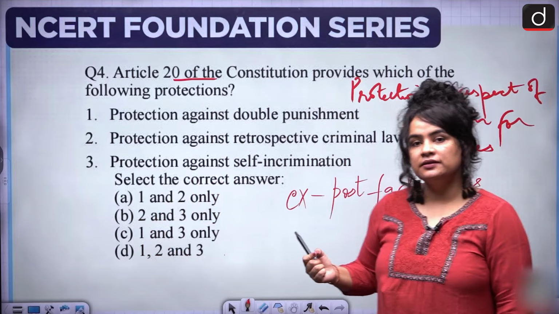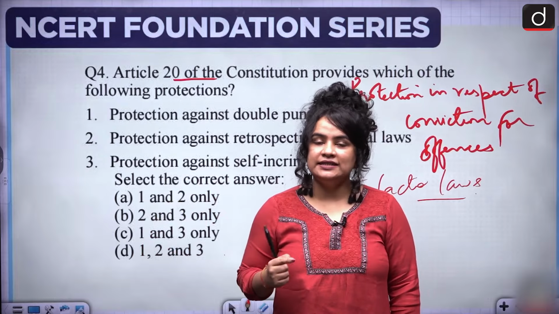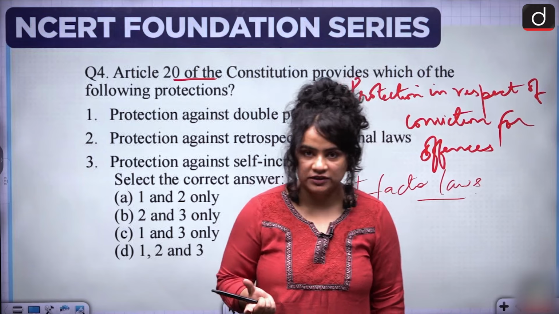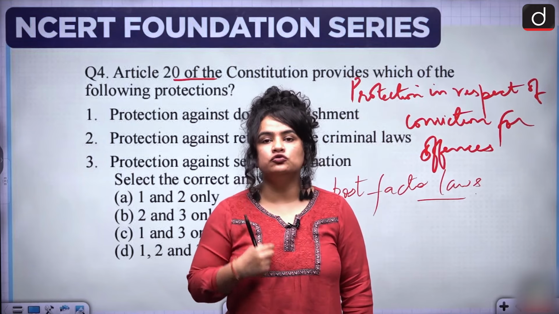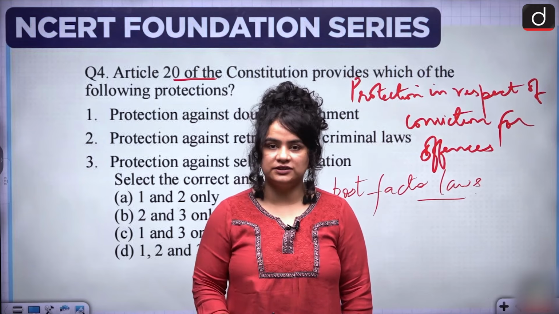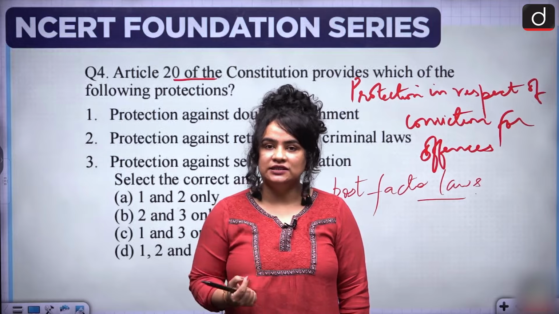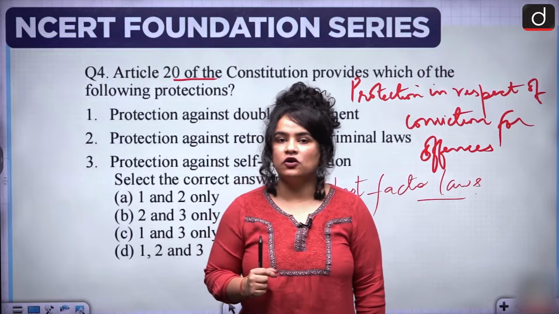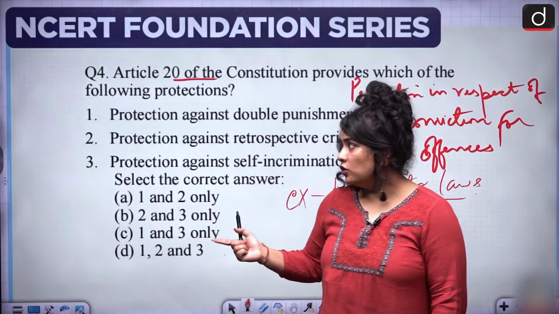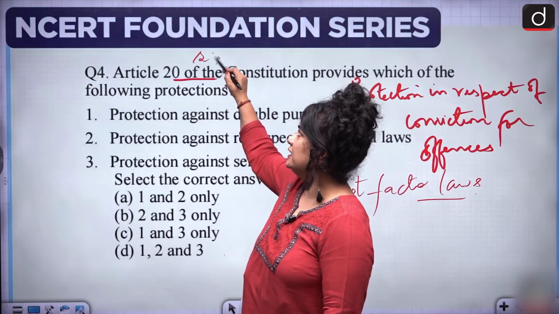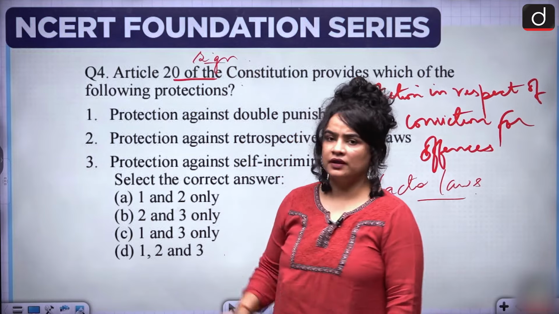The second protection is that you cannot be forced to incriminate yourself. You cannot be forced to plead guilty against yourself. You cannot be forced to say that you are guilty of such and such offense. You cannot also be forced to give your signatures or any testimony against yourself.